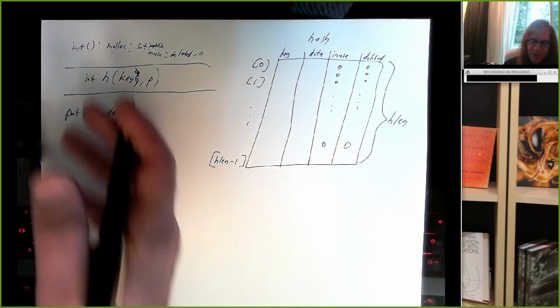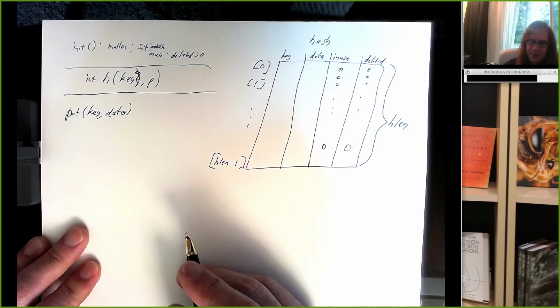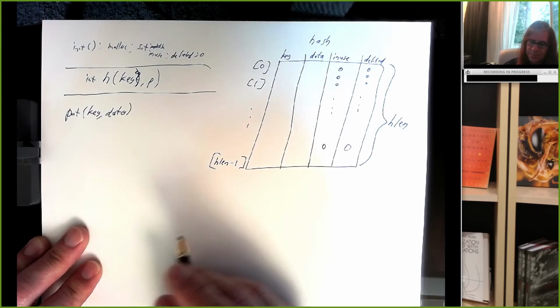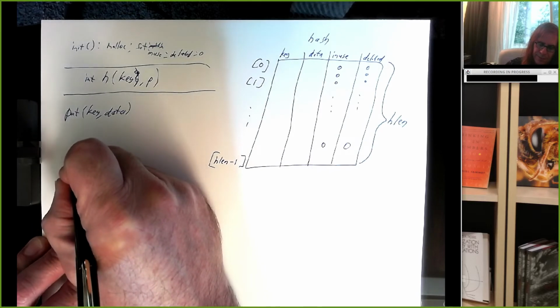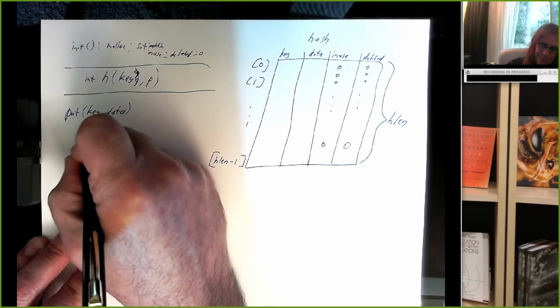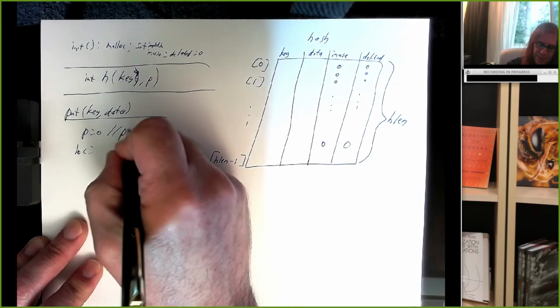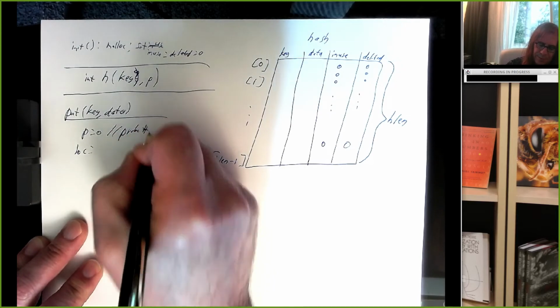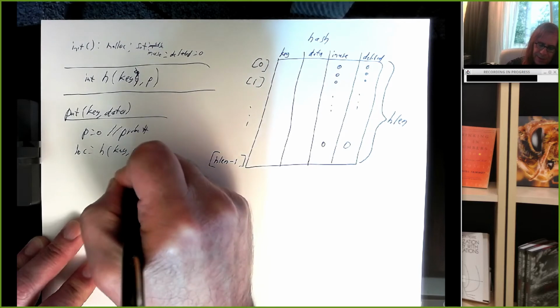Alright, so how do we put a piece of data associated with a key into our hash table? Let's do p equals 0. That's our probe number. And then our location equals hash of key, comma, probe.